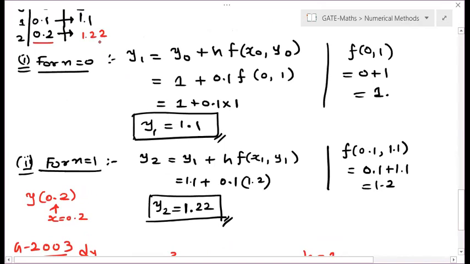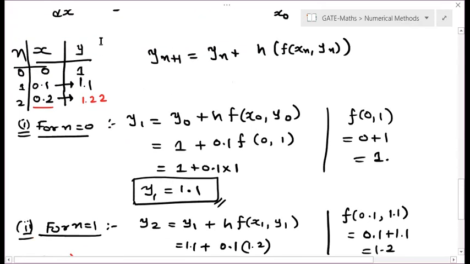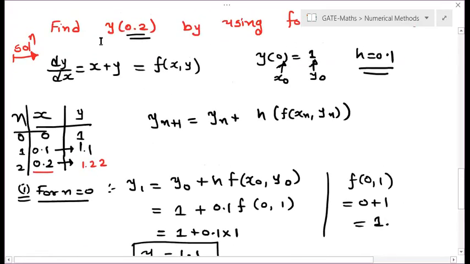So sir, why did we take x1 equal to 0.1 here? We took x1 as 0.1 because step size is 0.1. Here step size is 0.1, so we have to move as per our step size only. If they haven't specified step size in the question, then we can take step size 0.2 directly, and in the first step only we can get the answer.